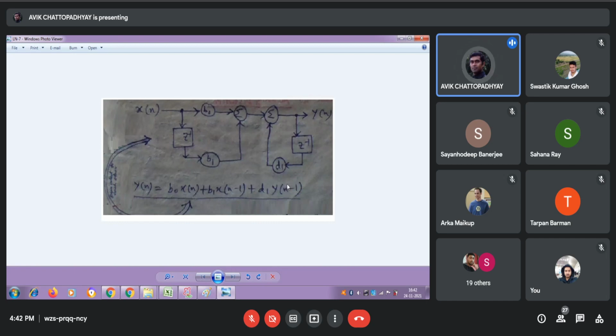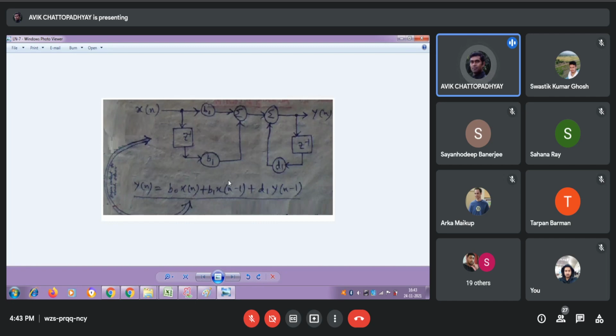And this is the past output, that means the n minus 1th instant output. So this mathematical expression, with y of n minus 1 and x of n minus 1, is in general called the difference equation, not the differential equation.